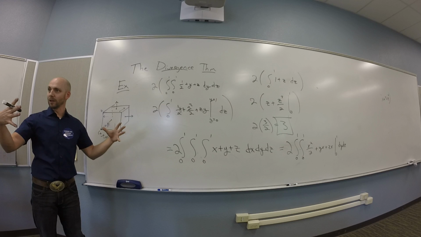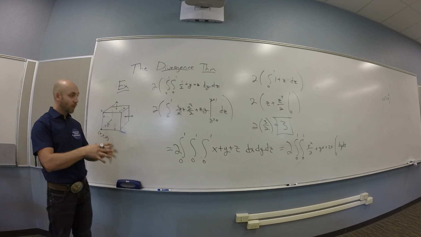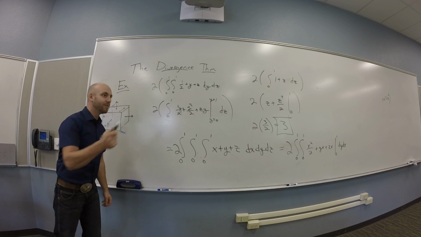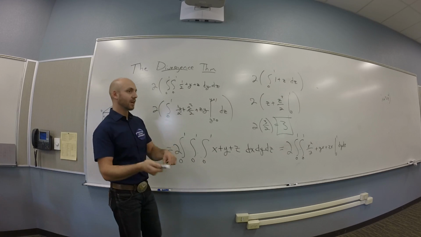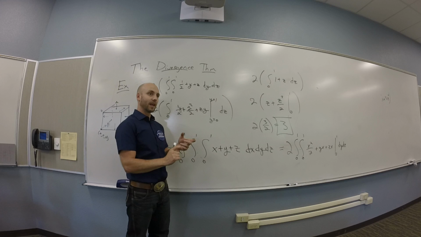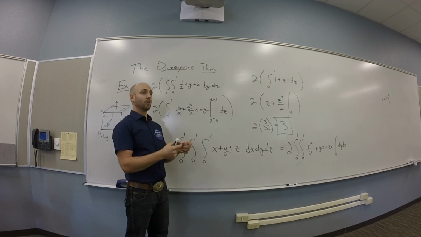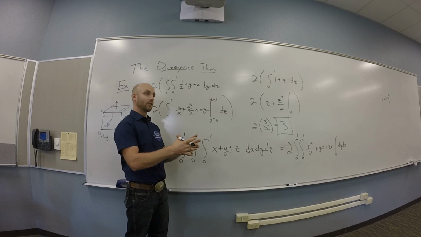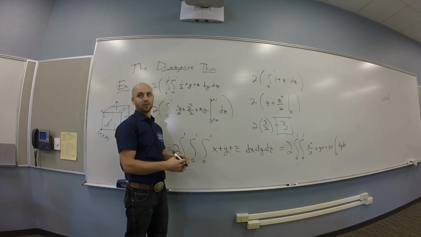This flux is tending to go out through the cube. And the way we figured that out was we didn't calculate the flux through each surface and then add them up. We calculated the sum of the total divergence on the inside. You guys see that?